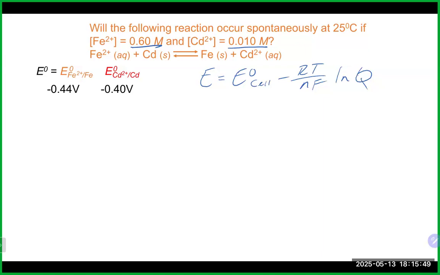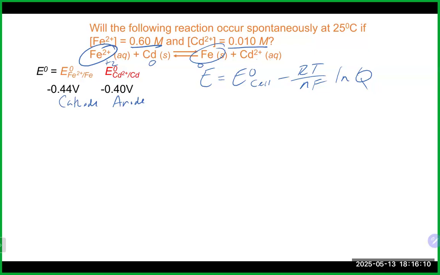Here our cathode is which one? Yes, I think I heard somebody whisper iron. So yes, it is iron. Once again, we're looking at the equation here. So iron is going from +2 to 0, being reduced.